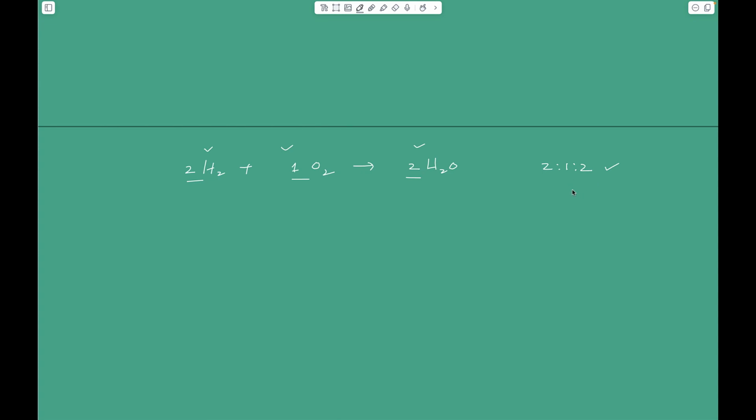In a previous video, I explained many interpretations of these stoichiometric coefficients. One of those interpretations is the molar interpretation. And according to the molar interpretation, this ratio means for every mole of oxygen that you take in this reaction, you must take 2 moles of hydrogen to completely combine with it.